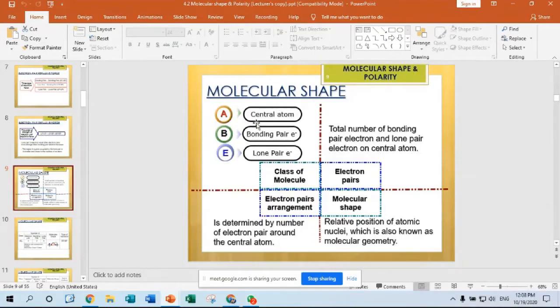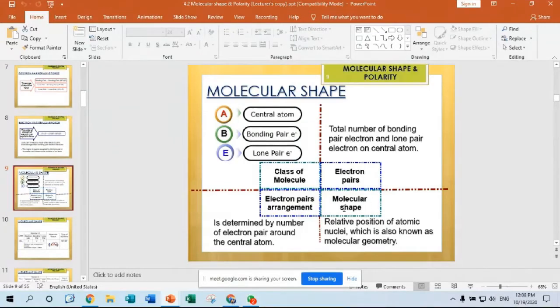So first you must identify the class of molecule. A refers to the central atom, B refers to a bonding pair, and E refers to a lone pair. So next, the total number of bonding and lone pairs, we call it the electron pair arrangement. The electron pair arrangement is the name for the structure. If 2, linear; 3, trigonal planar; 4, tetrahedral; 5, trigonal bipyramidal; 6, octahedral.